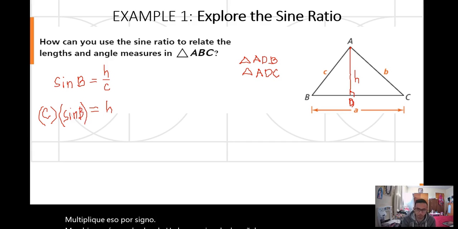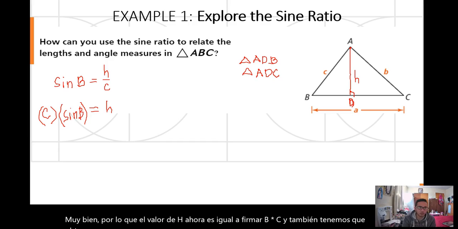We also have to get your sine C, for angle C. So sine C is equal to opposite, which is h over b.